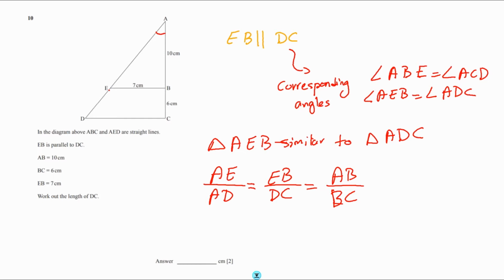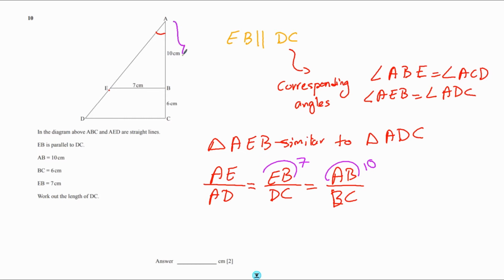Now, these are equal. Based on what we have, I'm going to put in some numbers to see which of these values we have. EB is 7, so this one is 7. And AB is 10, so this is 10.